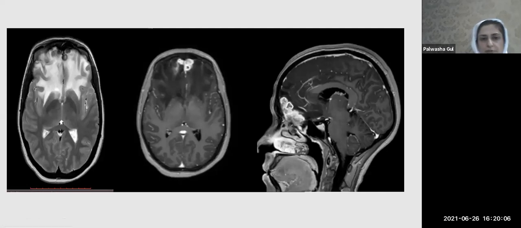And before going to the MDT, while having a discussion with my neuroradiologist, who is very good at his work, he told me, Palwasha, can you see that there are multiple T2 hypointense areas in the bilateral frontal lobes, giving ring enhancement?